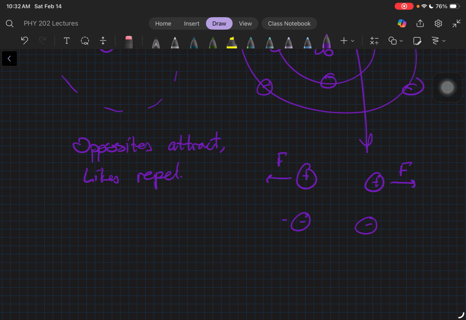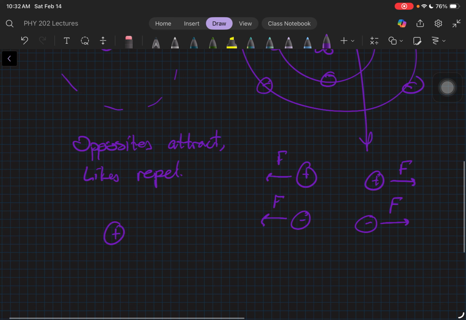Similarly, if we had two negative charges, we'd expect them to push against each other. But when we have a positive and a negative charge, we expect them to experience forces that pull them together. And in all of these cases, we expect equal and opposite forces on each particle.